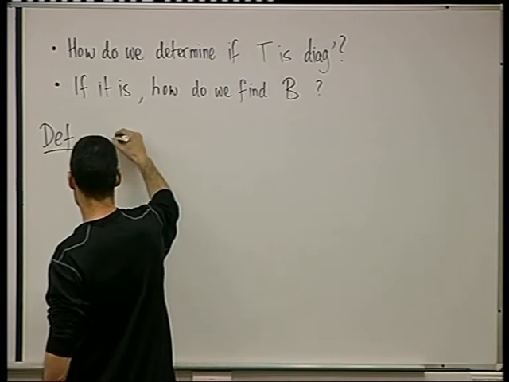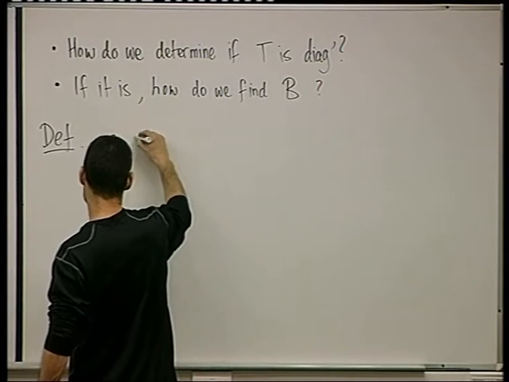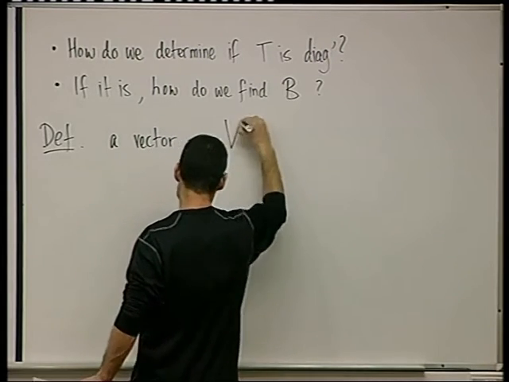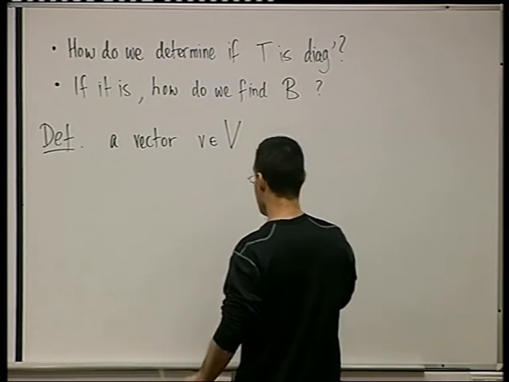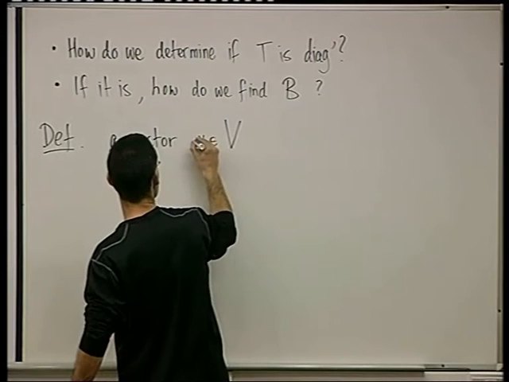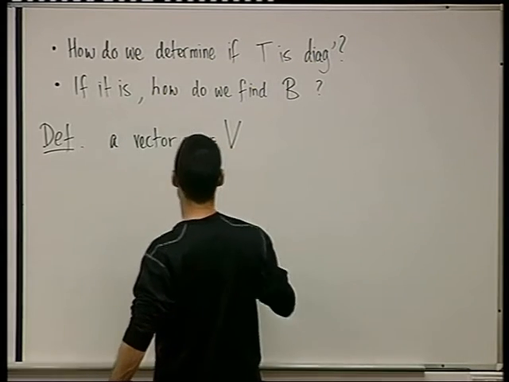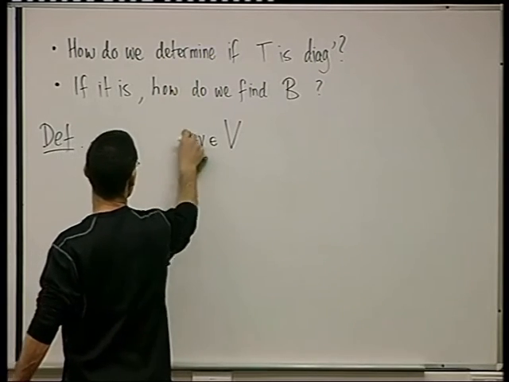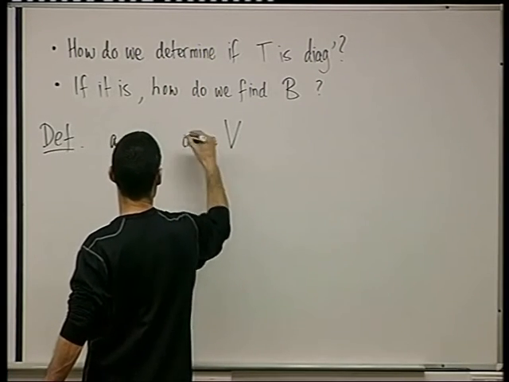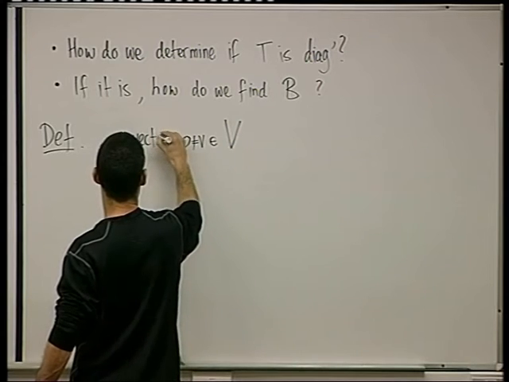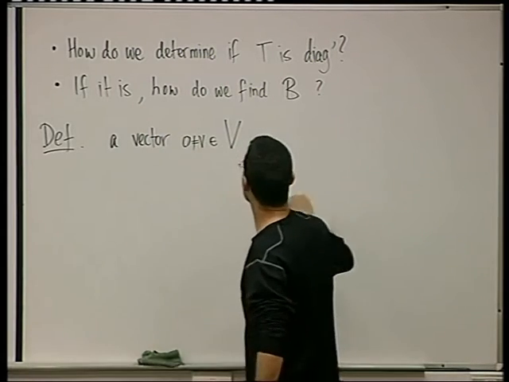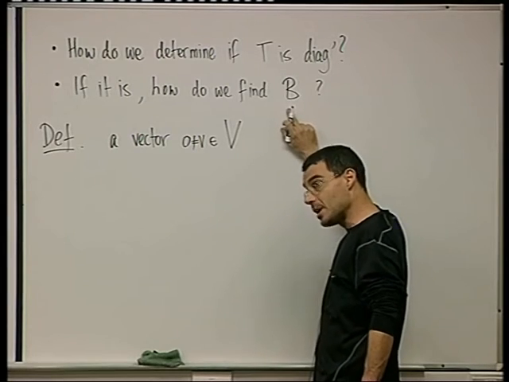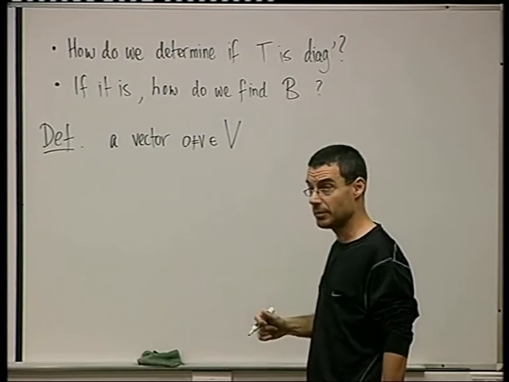A vector v in V, a non-zero vector. Once we have B, we can find D, right?